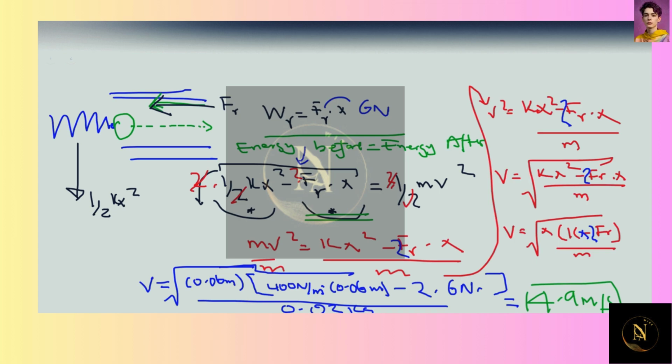So Fr times x is subtracted from the elastic potential energy, and you make that equal to the energy after, which is the kinetic energy that the ball gains. You solve for v squared, and keep the variables up until the end. It's a good habit. At this point, you're seeing I'm pulling out the x just for purposes of algebra, and then I'm left with kx inside, minus 2 Fr over m. Solve that, you get 4.9 meters per second.